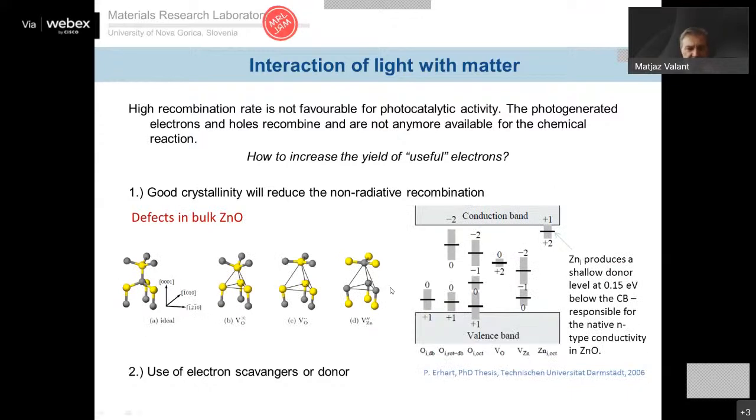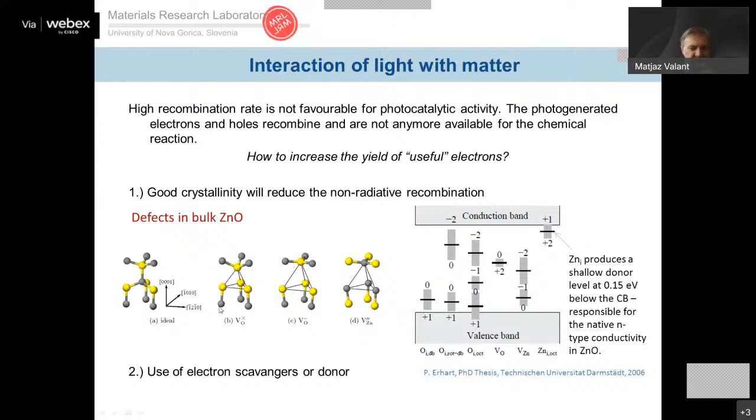Now I'm showing you here the case of the bulk zinc oxide. The bulk zinc oxide band gap is pretty high. However, this does not reflect how zinc oxide reacts with light, because there is a lot of intrinsic structural defects inside the zinc oxide.